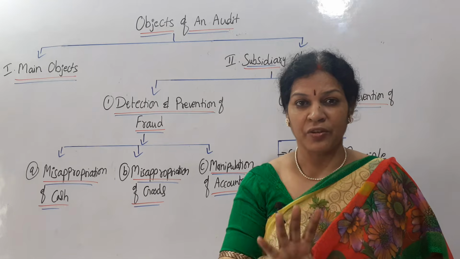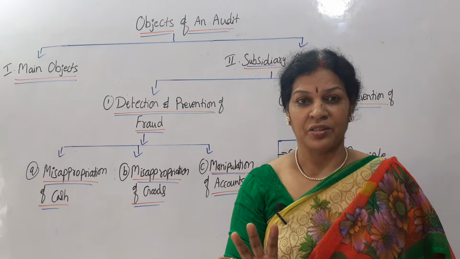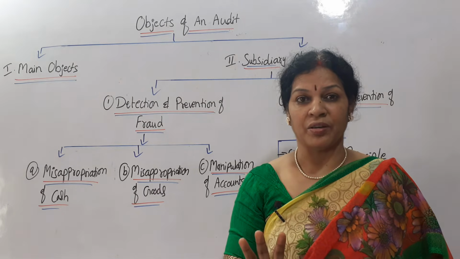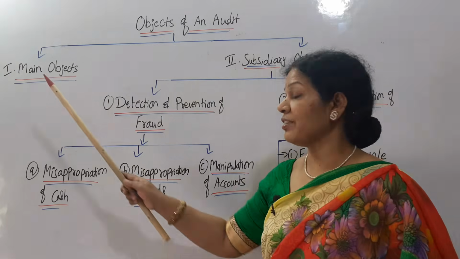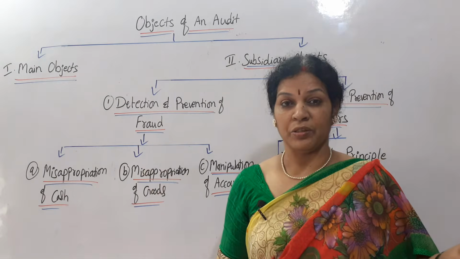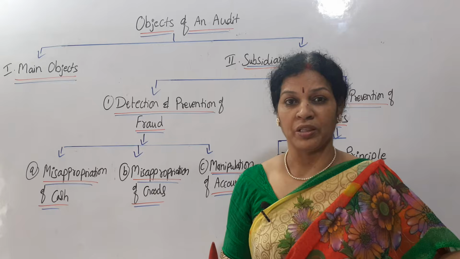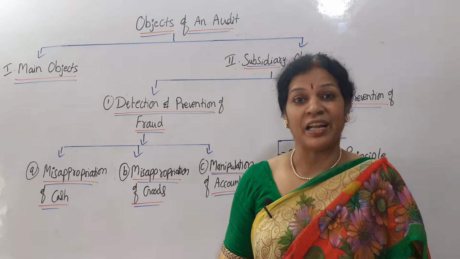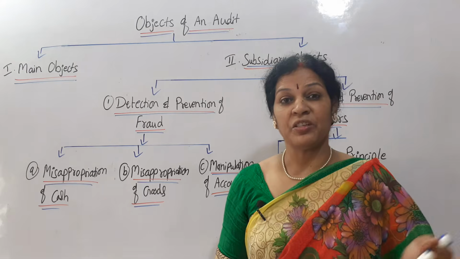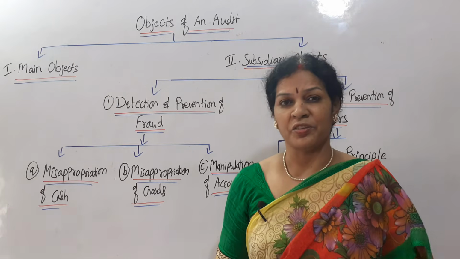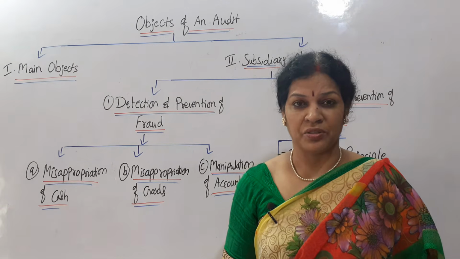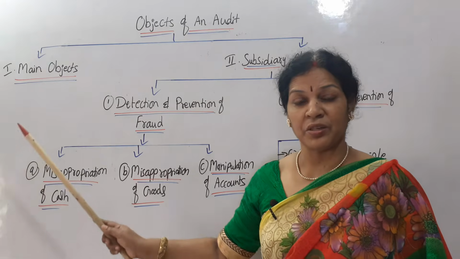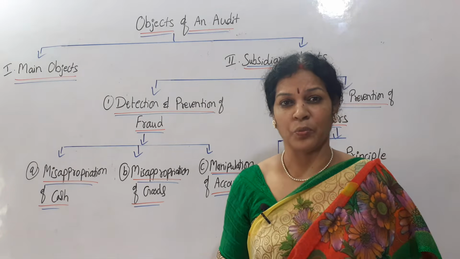So basic accounts they are checking. So everything is going smoothly or not. That we can say as main objects. Main objects means everything is going smoothly and there is no mistake at all. Verifying the transactions, verification of the journal entries, verification of the ledger accounts and trial balance. Up to here you can say main objects, verification is over, right?